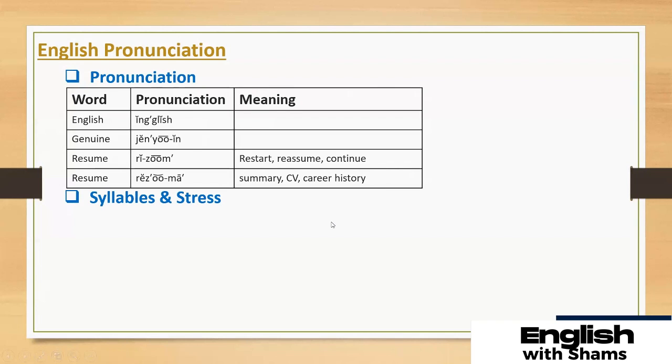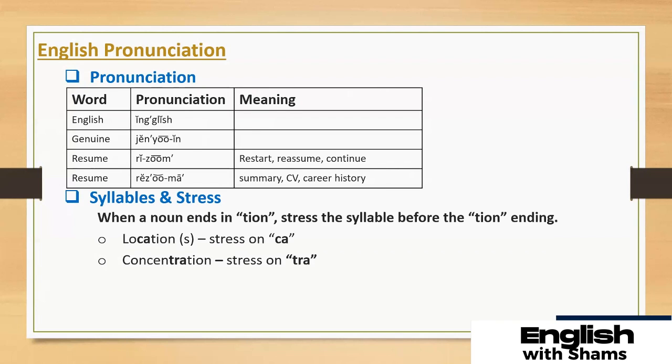Then syllables and stress we will be discussing. One example of syllable and stress: when a noun ends in -tion, stress the syllable before the -tion ending. Example, location.